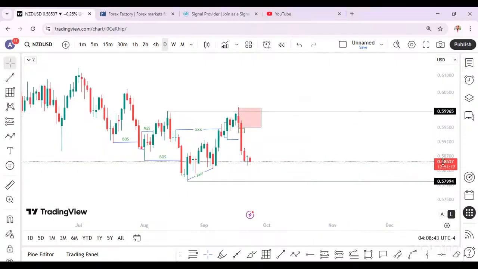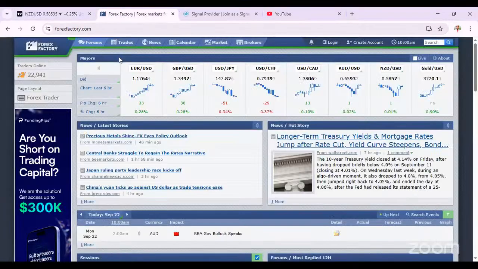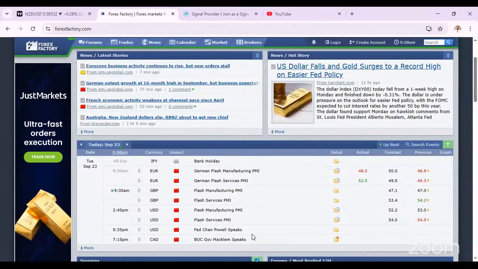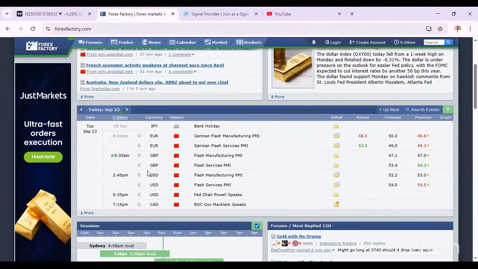Okay, let's see what we have for today. Let's see if there's news events for today first. Today we have a lot of news coming up this morning.